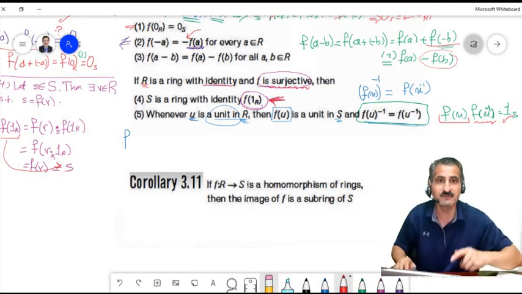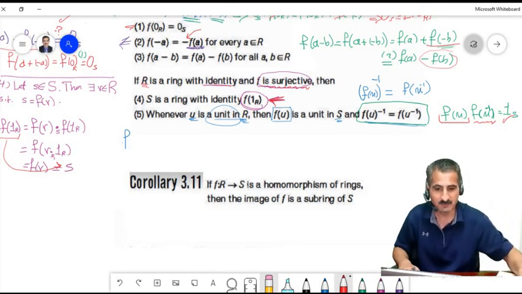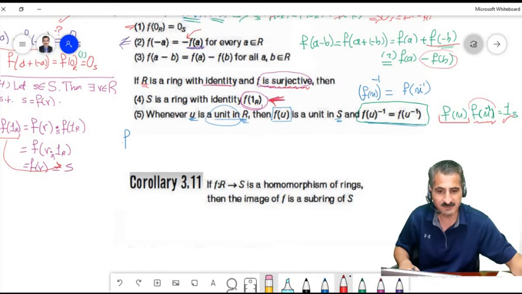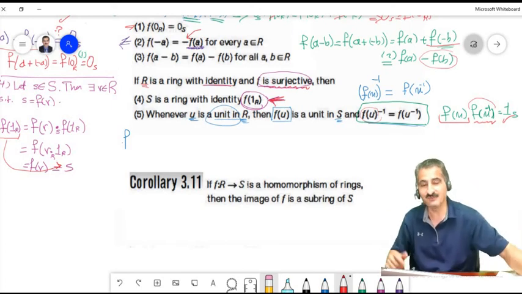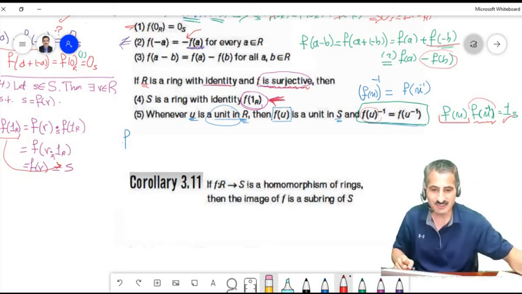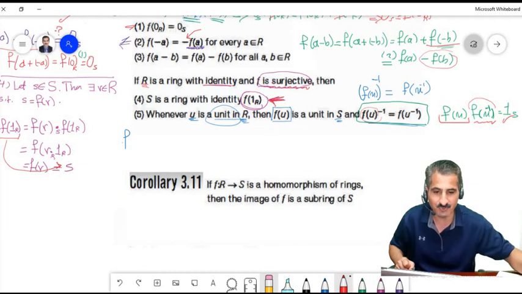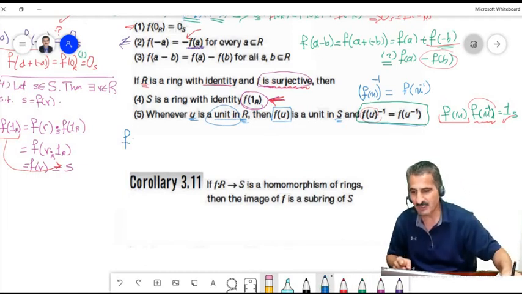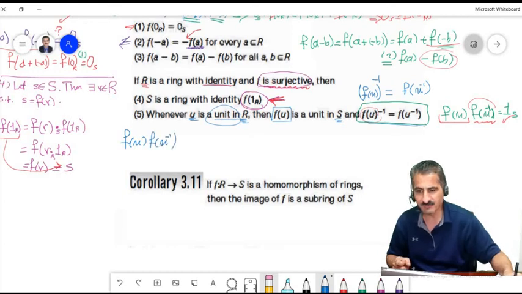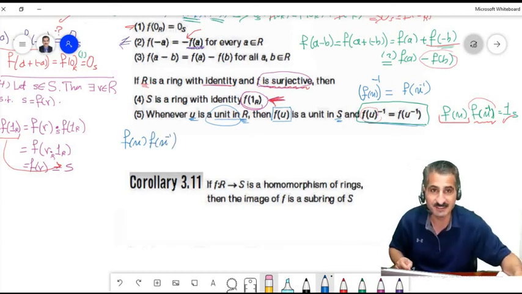So the inverse of f of U will be this. This is what we are saying. The inverse of f of U is the image of the inverse. So the inverse of the image is the image of the inverse. So this is what we want to show in green, right? So let's do it. f of U multiplied by f of U inverse, because we already know U inverse is in R, right?